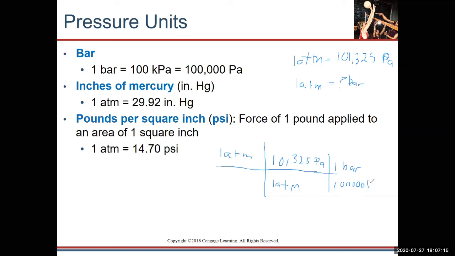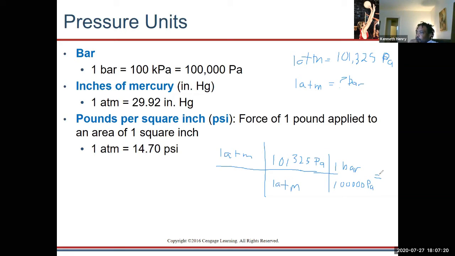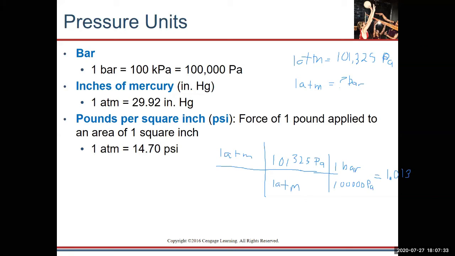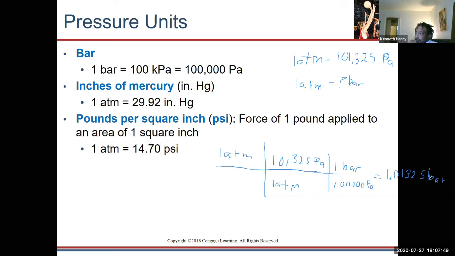So 1 bar is going to, I mean, 1 ATM is going to equal how many bars? 1.01325, I think. That is correct. Okay, piece of cake.